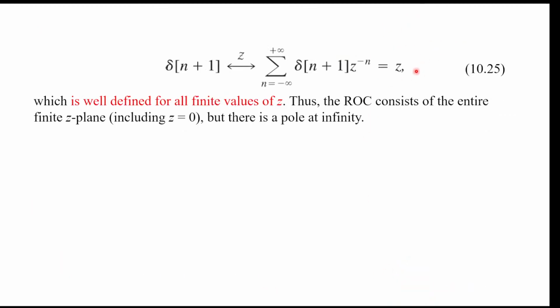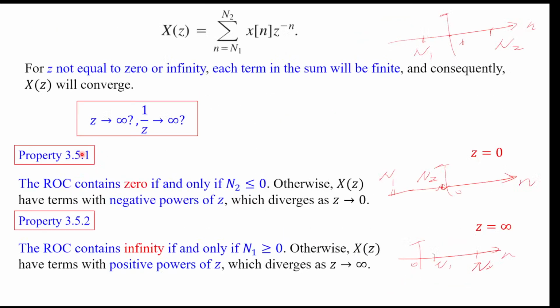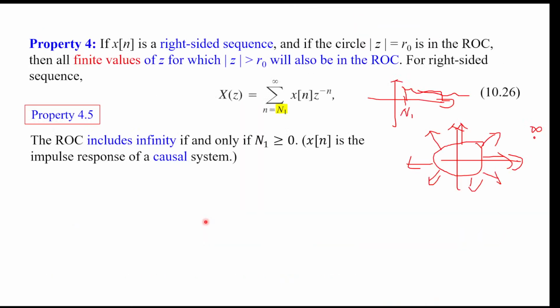The transform is z, and now the ROC doesn't include z equal to infinity, but this ROC still includes 0. This is consistent with our analysis here. So this is a small review, and now we go to the next property.